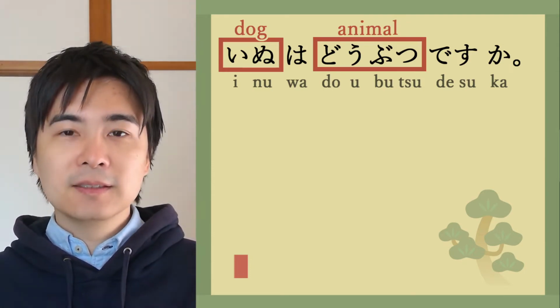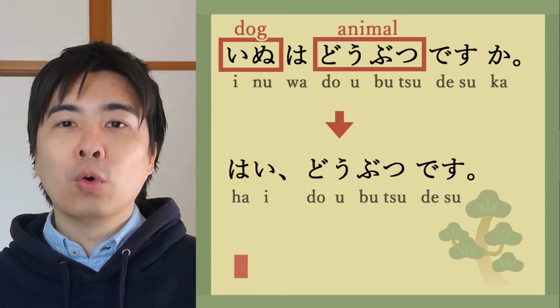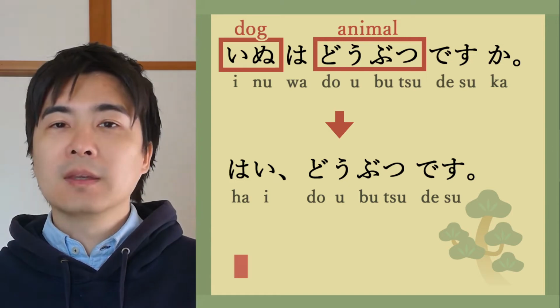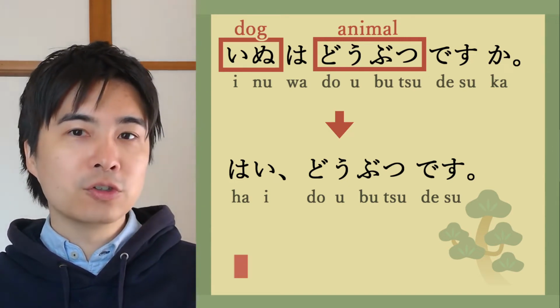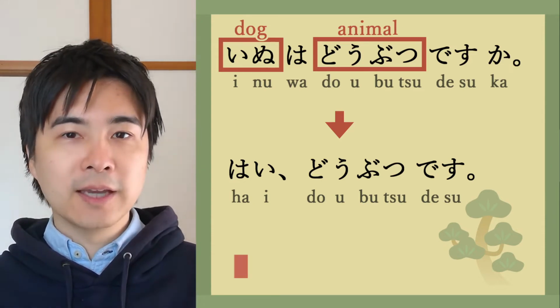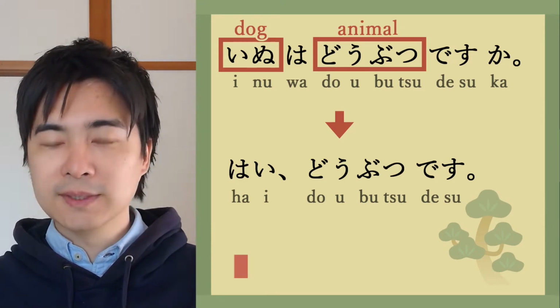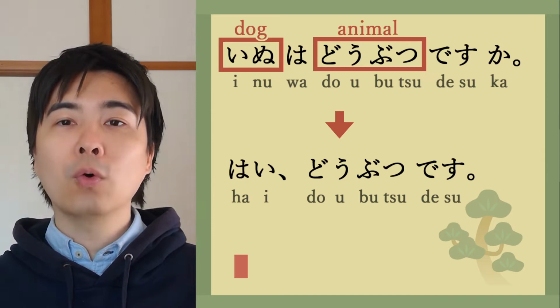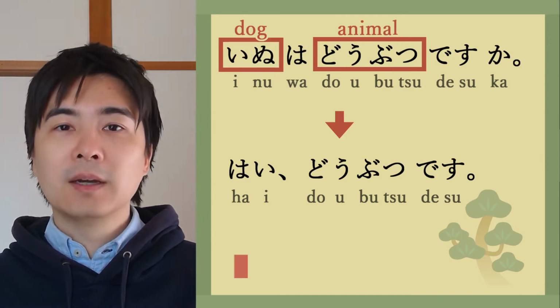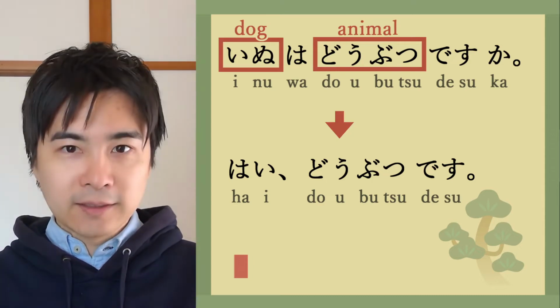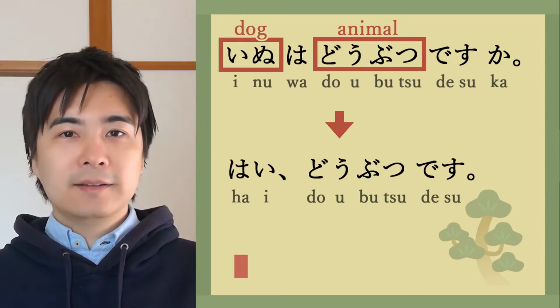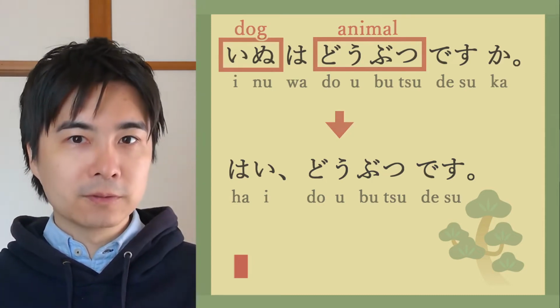The answer is はい、動物です。When someone asks you, are dogs animals? You should answer, yes, they are animals. So we say, はい、動物です。Then let me ask another question.